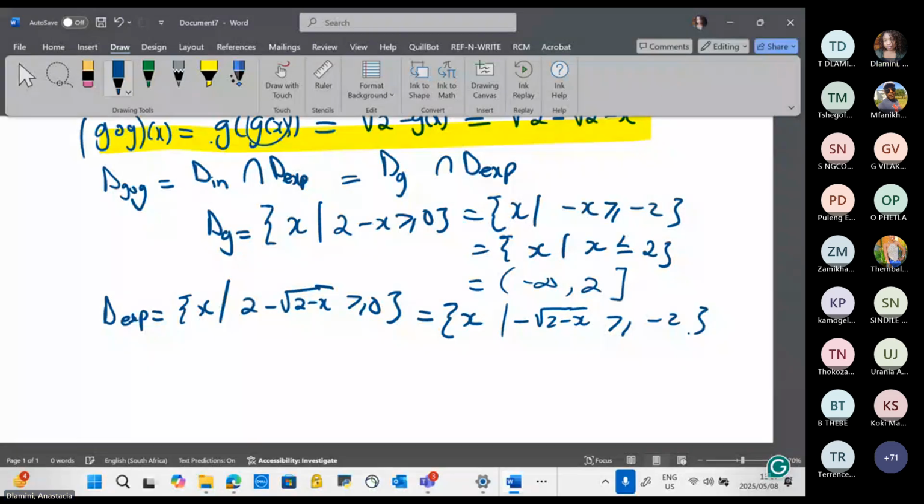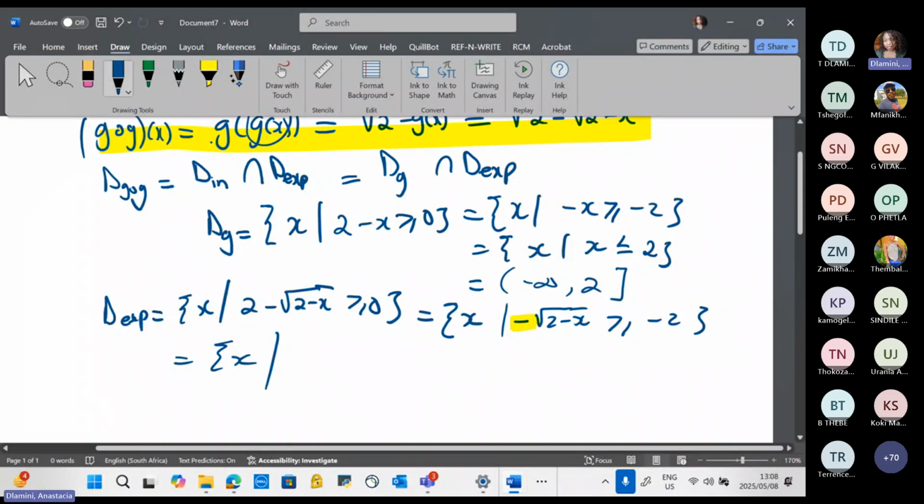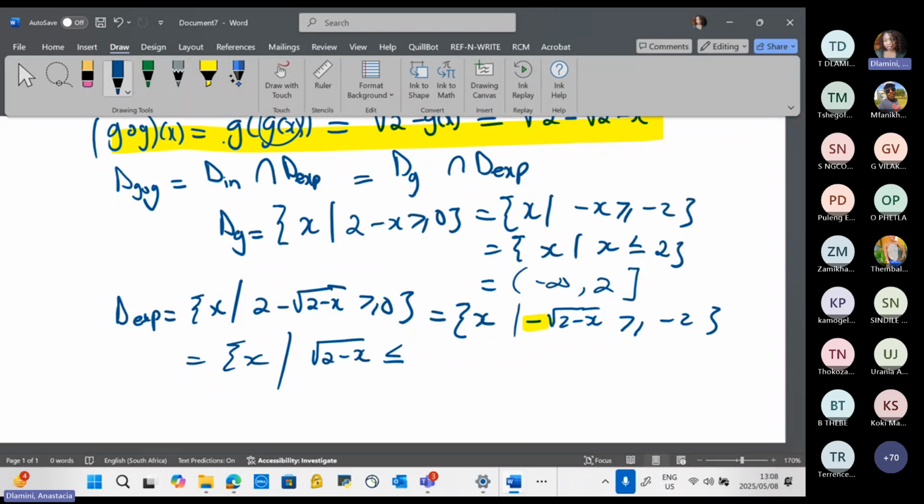Then divide by -1. The negative next to the square root stops us from squaring, so we need to remove it. When we divide by the negative, the inequality sign changes.